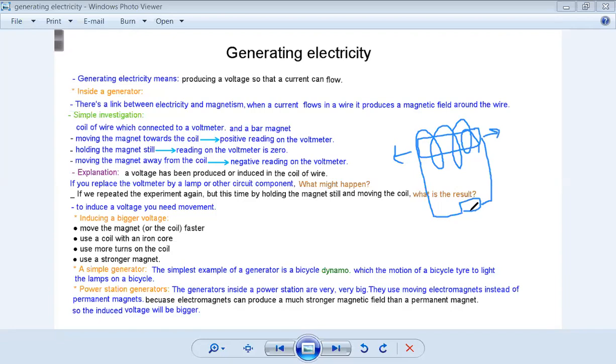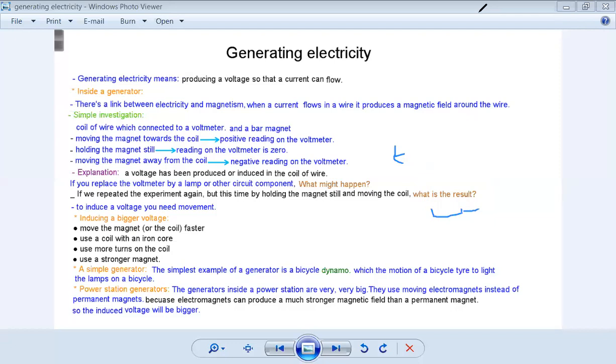If I move the wire, the coil, not the magnet, am I getting any reading? If we are moving it to the magnet, I guess yes, right?